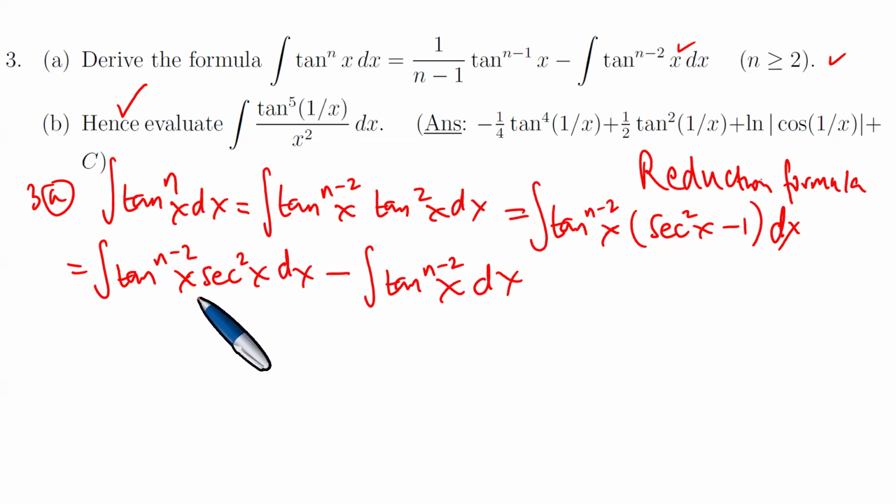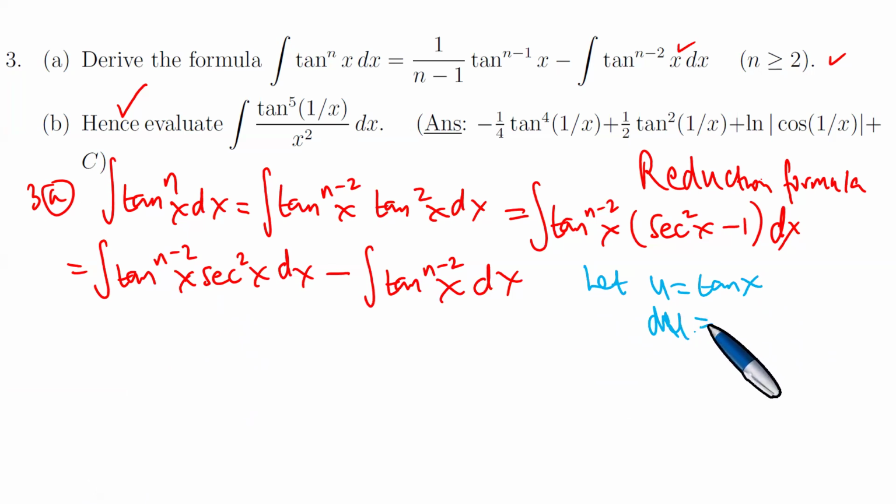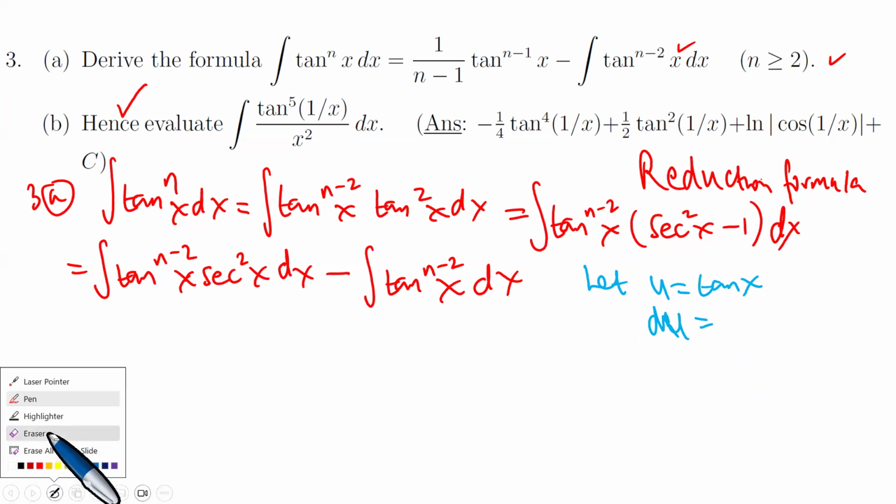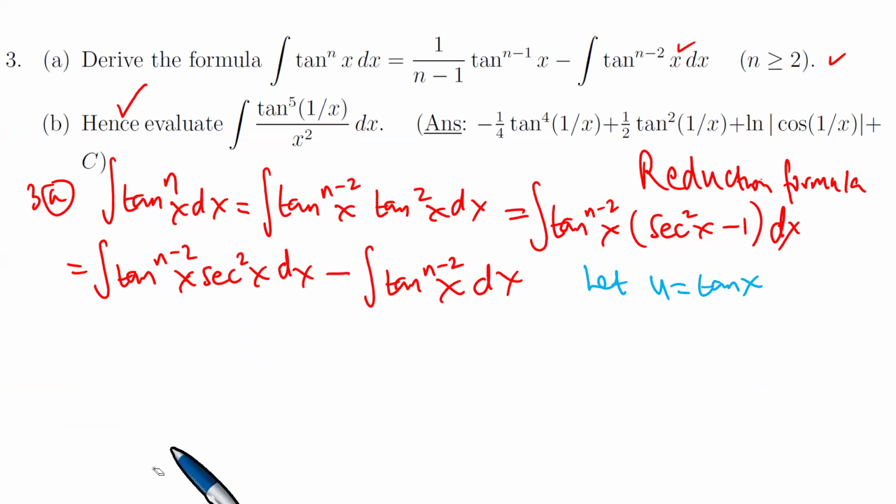Let u be equal to tangent x, so du is secant squared x dx.